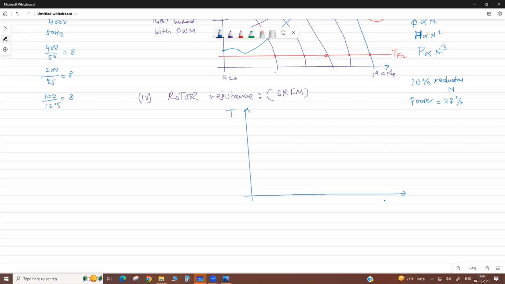This is the torque. Here it is speed. So with the rated voltage and rated rotor resistance, a fixed value of rotor resistance, this curve is like this.